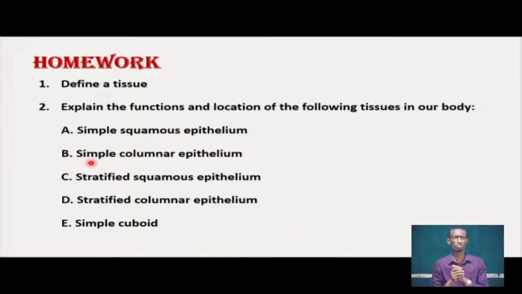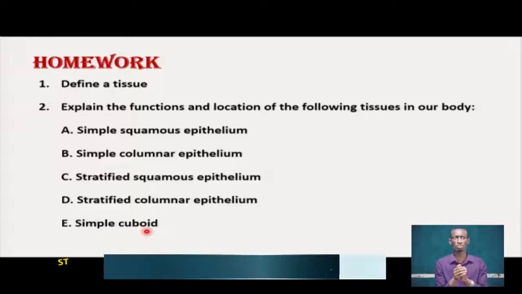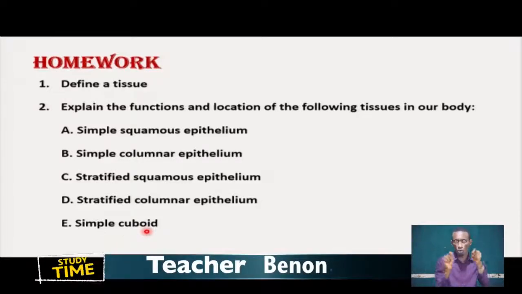B, simple columnar epithelium. C, stratified squamous epithelium. D, stratified columnar epithelium. E, simple cuboidal. Those are different questions you are going to do to test your level of understanding.